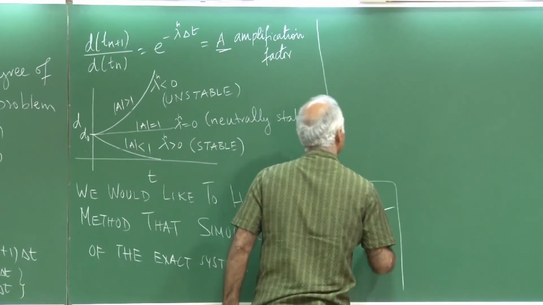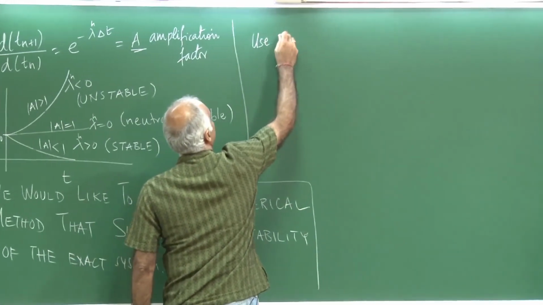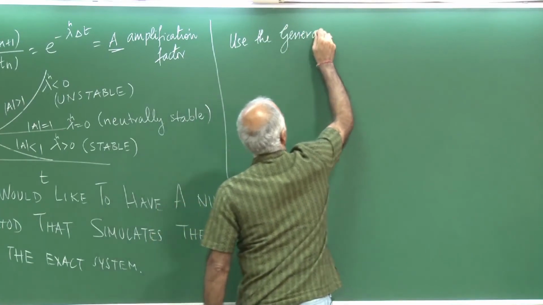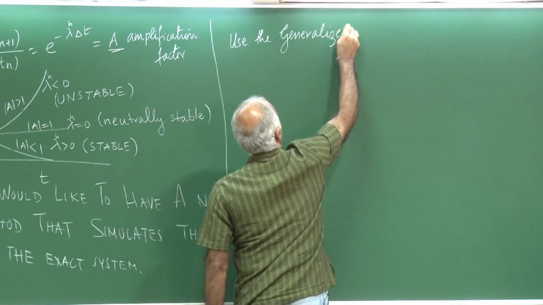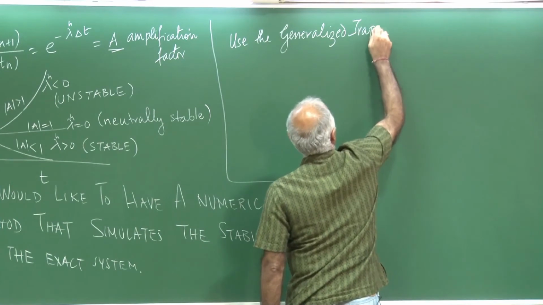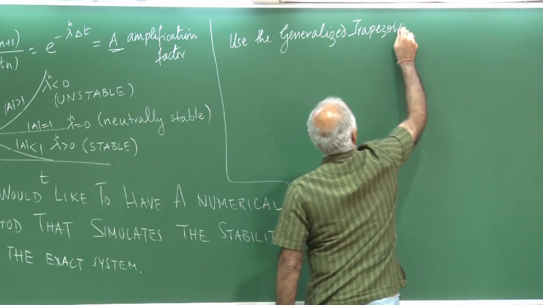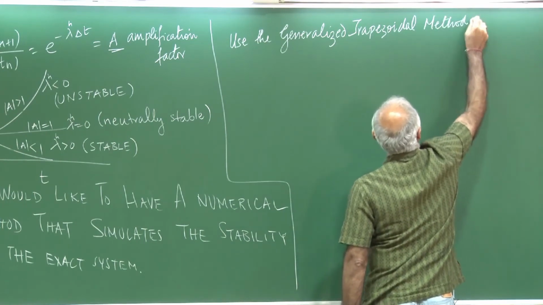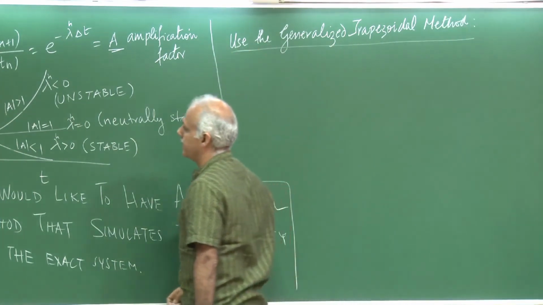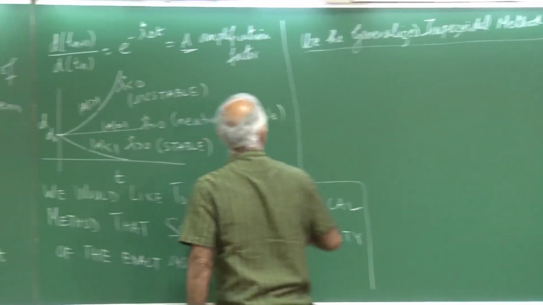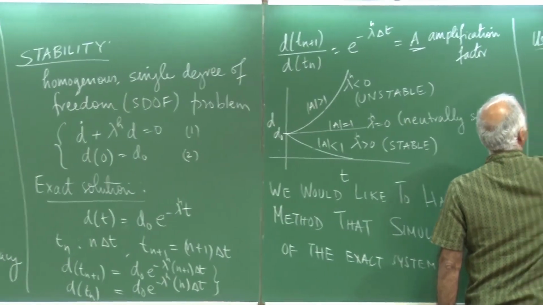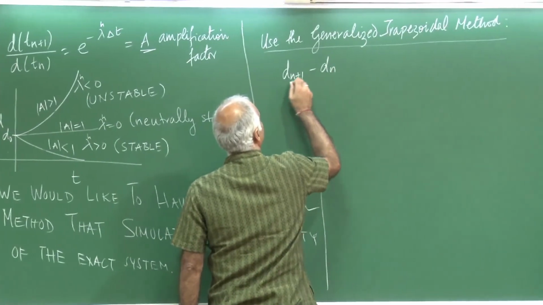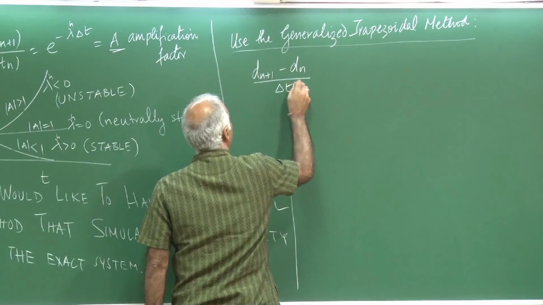So, we are now going to use the generalized trapezoidal rule. Let us do it on equation 1. The first term, d dot, I am going to write as d n plus 1 minus d n by delta t.